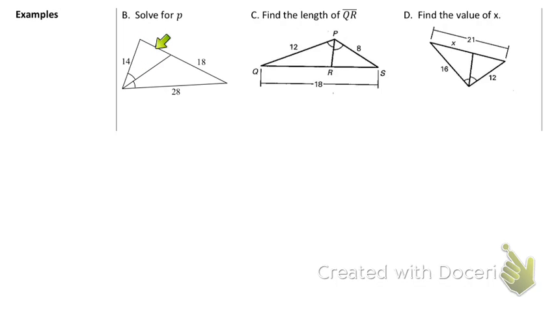P over 18 is equal to, so we got P from here, the same triangle, we're going to get the other side, which is 14, and it's going to match with the side that came from 18, the other side, 28. All right? And we can cross multiply and solve.